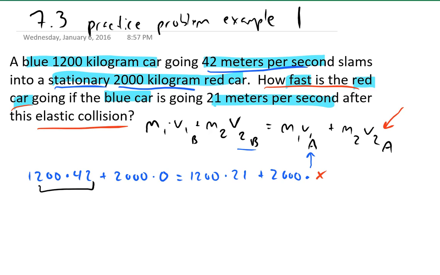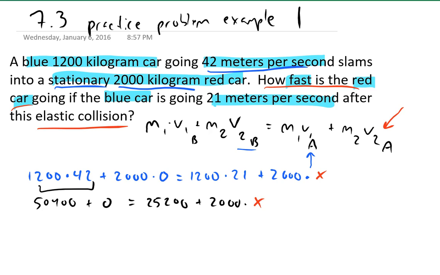If we multiply these two, we get 50,400. 2,000 times 0 is 0, is equal to 1,200 times 21, which is going to be 25,200, plus 2,000 times x.